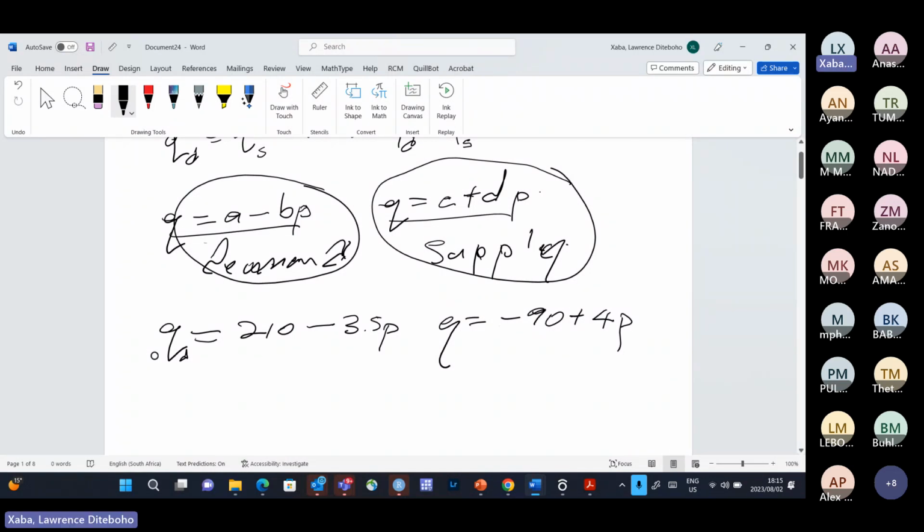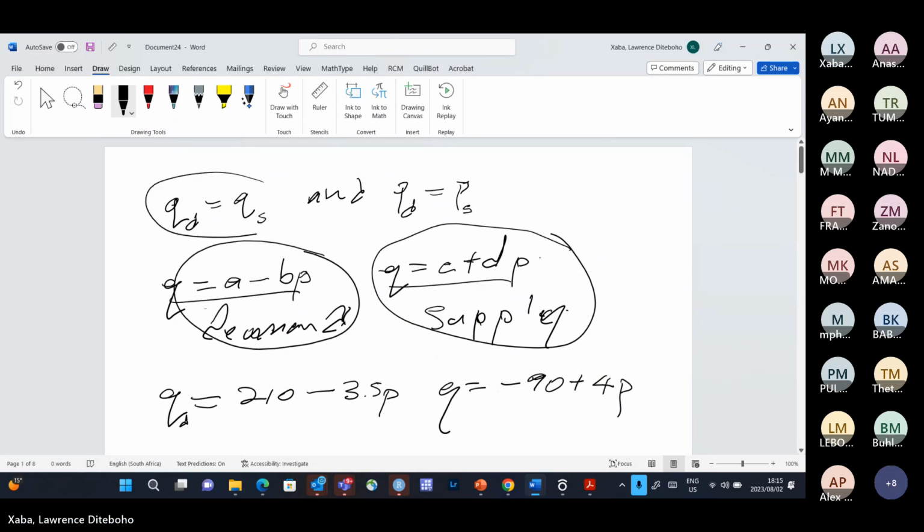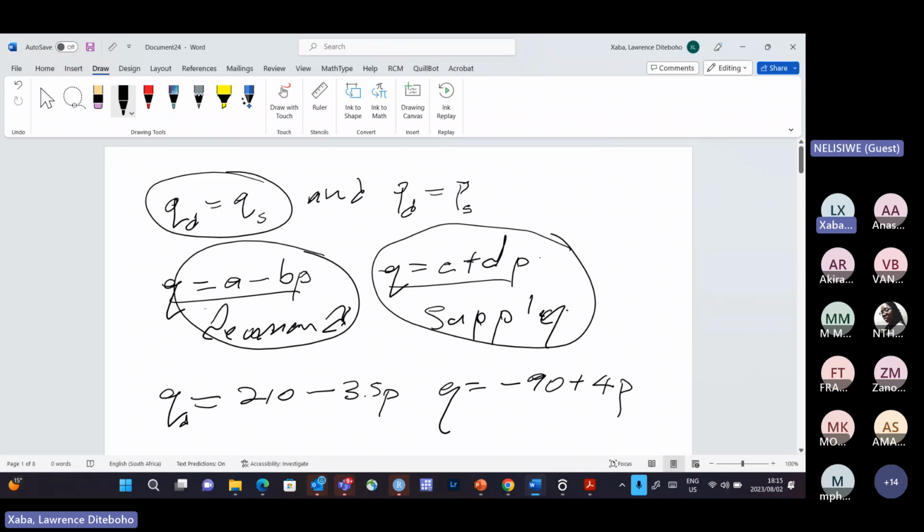If you remember, we said QD equals to QS.